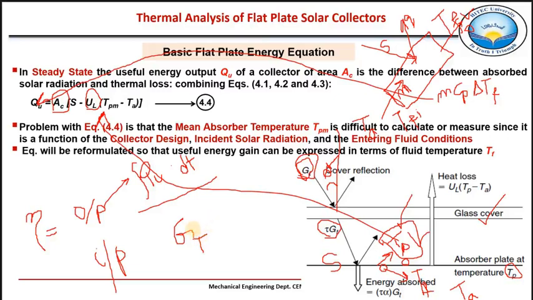This is the input energy, and again the units are watts per meter square, so we have to multiply with the area over which this energy is being intercepted and finally absorbed, right, after optical losses. So GT, available radiation, multiplied by this area of the solar collector, which we have represented as AC.